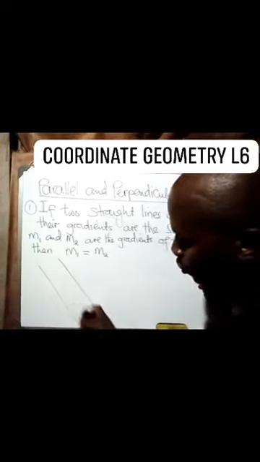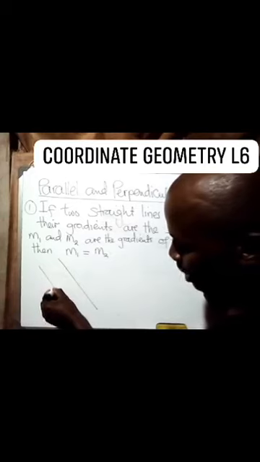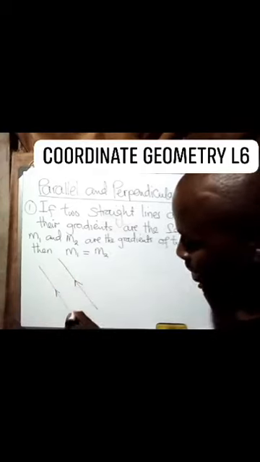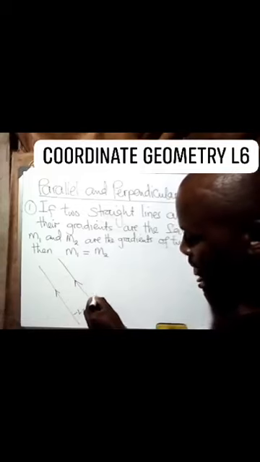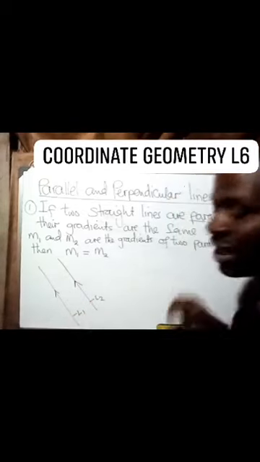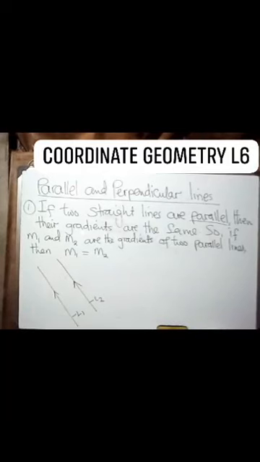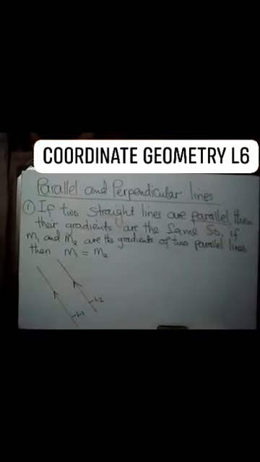So if these are two lines, this is line number 1, this is line number 2, these two lines are parallel to each other. It means that even if we extend them, those two lines will not meet. So the two lines are parallel to each other.